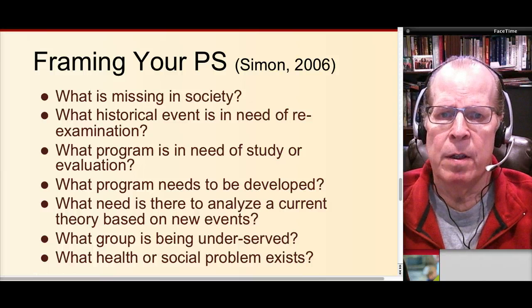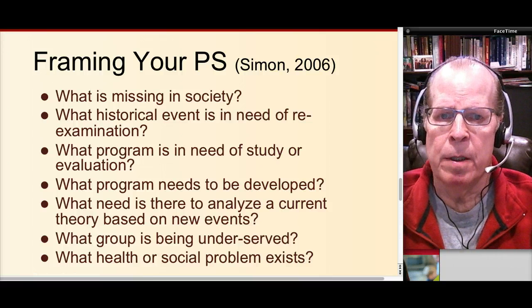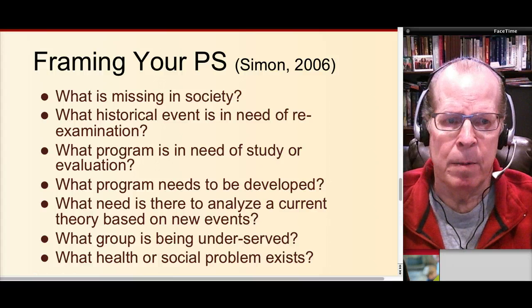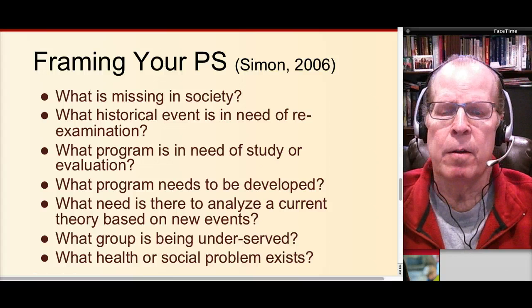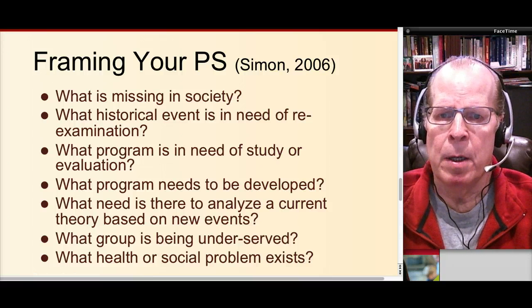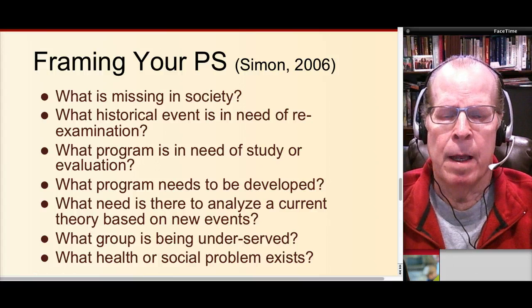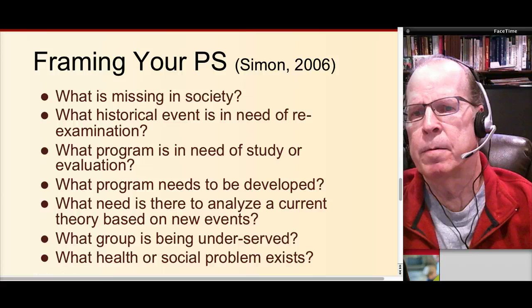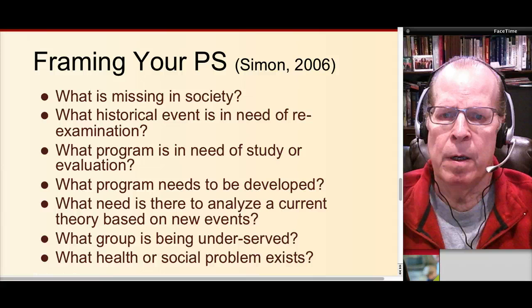What is missing in society? That could be one. What historical event is in need of re-examination? What program is in need of study or evaluation? I usually see a lot of research proposals in this area. What program? In other words, you're going to do an intervention that enhances the skills of ADHD students or autistic students, or minimizes substance abuse.